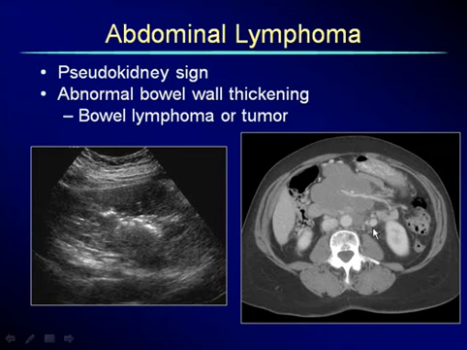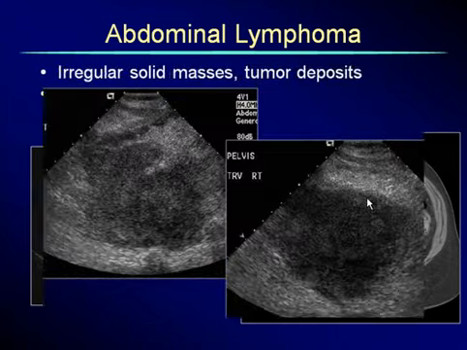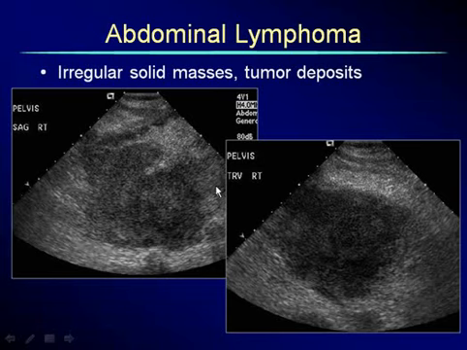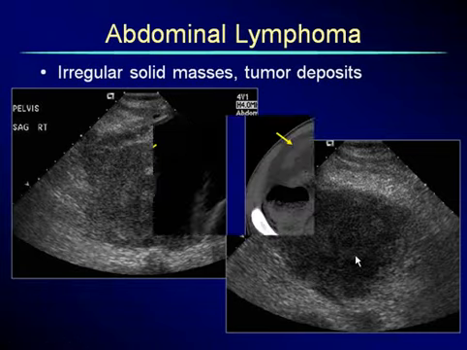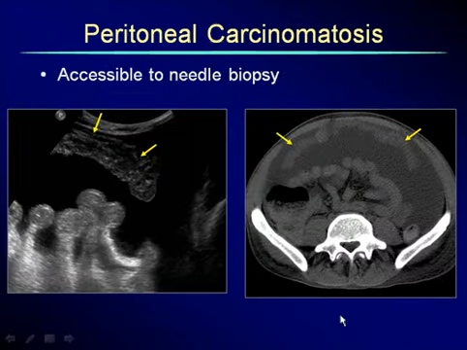Here it is on CT, these large lymphomatous nodes blending together, this mass-like appearance, and compression of the central mesenteric vessels. So bowel lymphoma, mesenteric lymphoma can do this. Sometimes small bowel tumors can do this. Otherwise, lymphomas might be just nondescript masses in the abdomen and pelvic area.